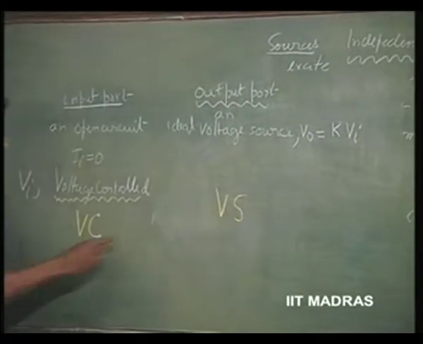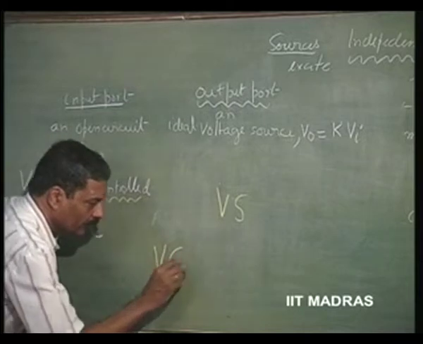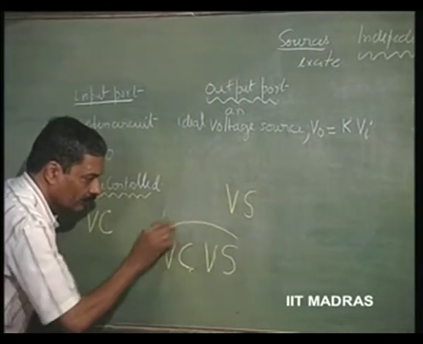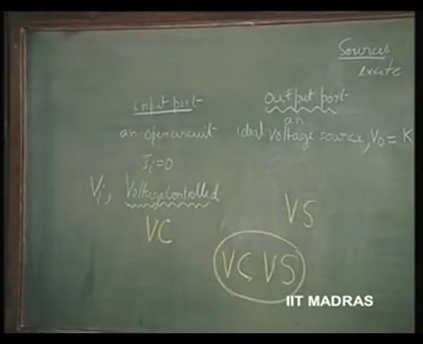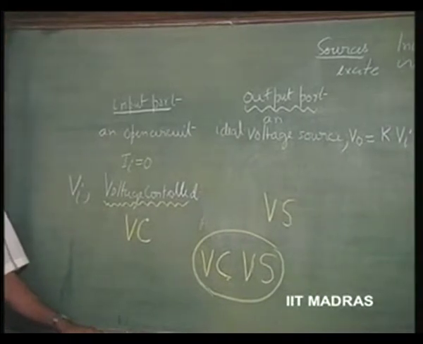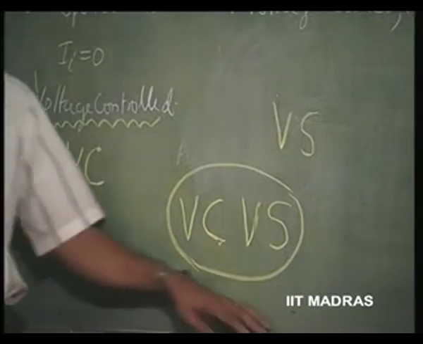So, this kind of amplifier is therefore called voltage controlled voltage source. This is one type of amplifier. Voltage controlled voltage source.